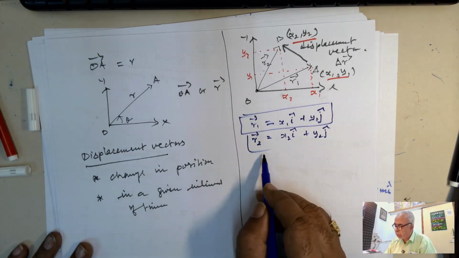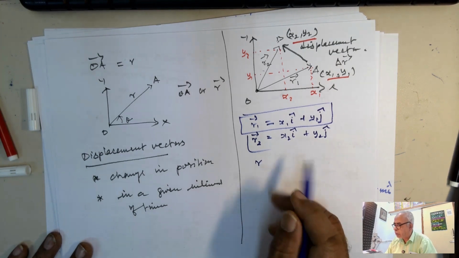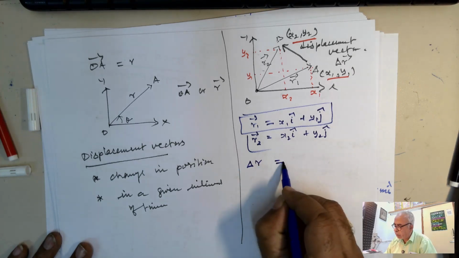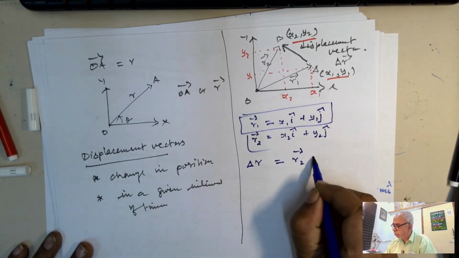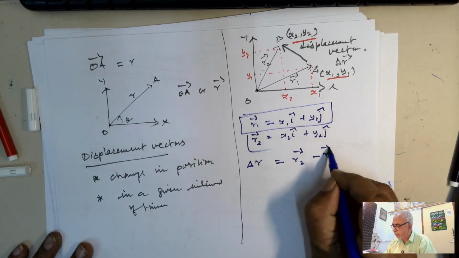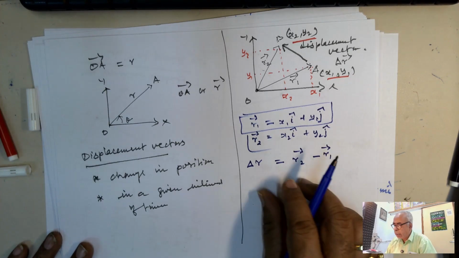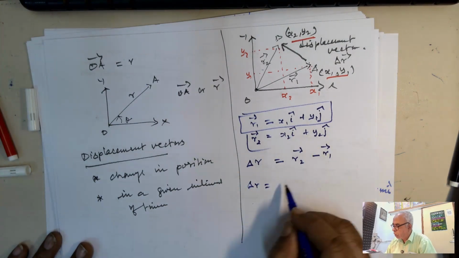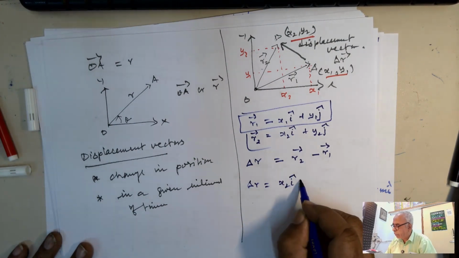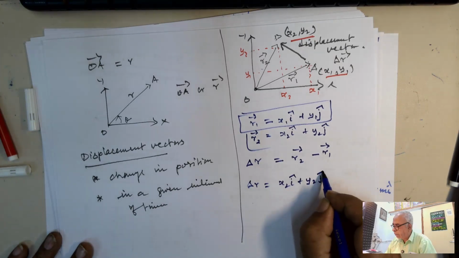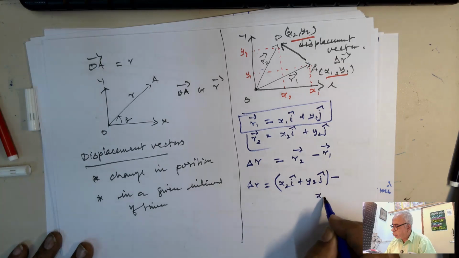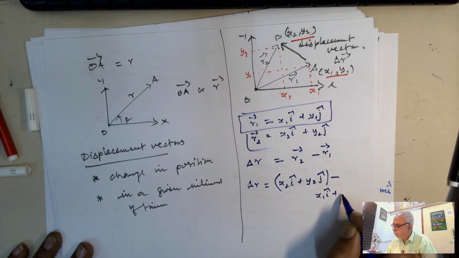Now, the position difference, that is displacement, is the change of position, as I already mentioned, delta R. Which is nothing but R2 vector minus R1 vector. So now we have to substitute this. Delta R is equal to R2, which is x2 i cap plus y2 j cap, close the bracket, minus x1 i cap plus y1 j cap.